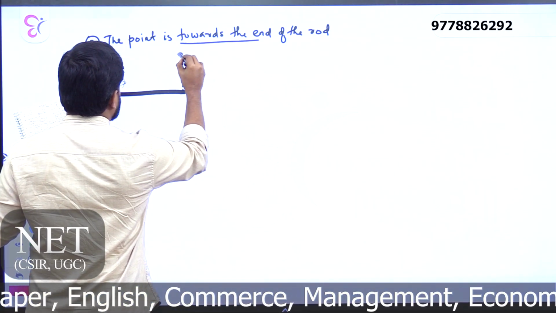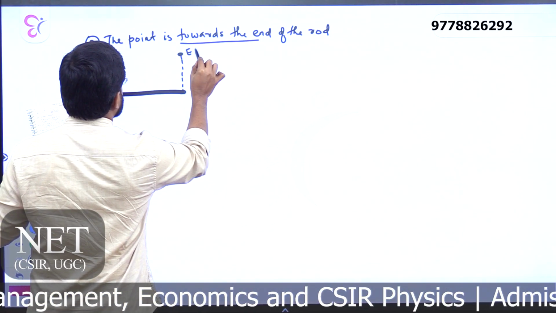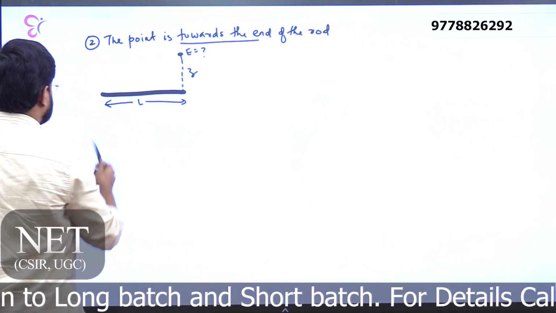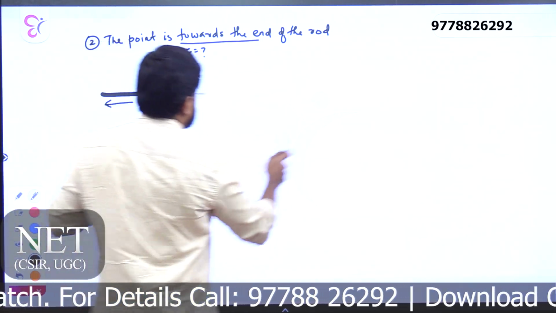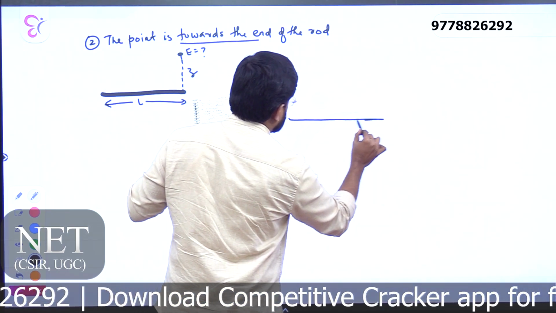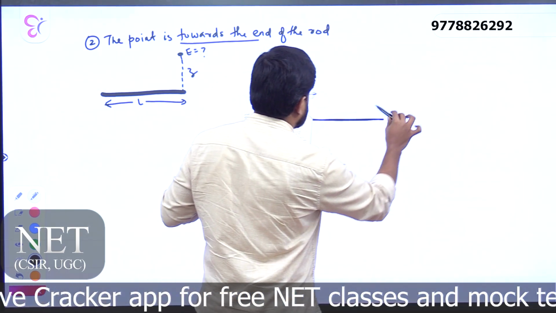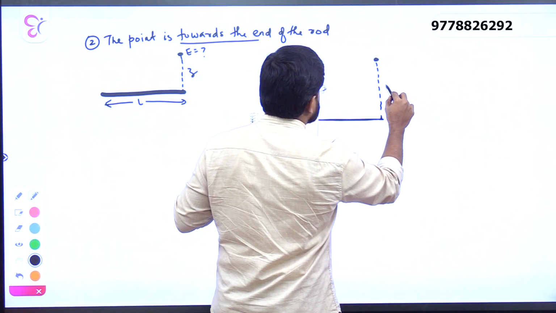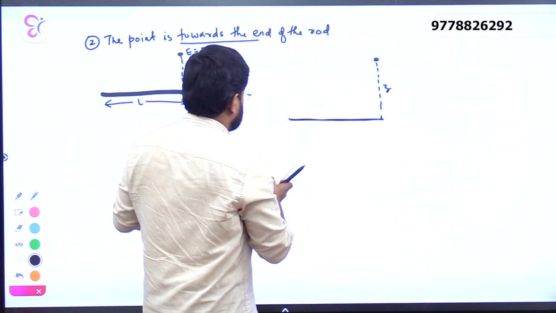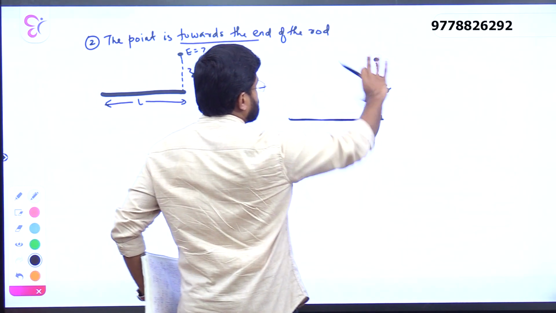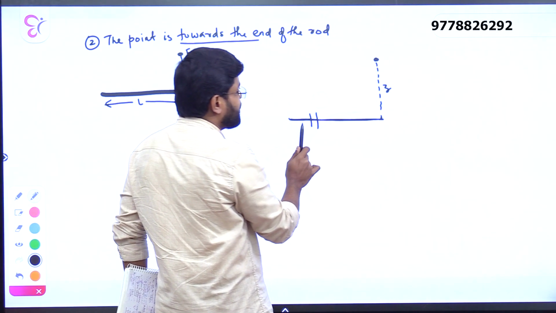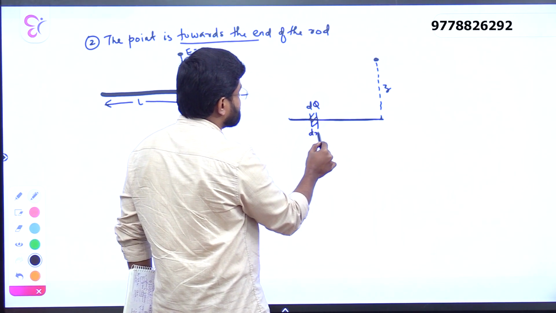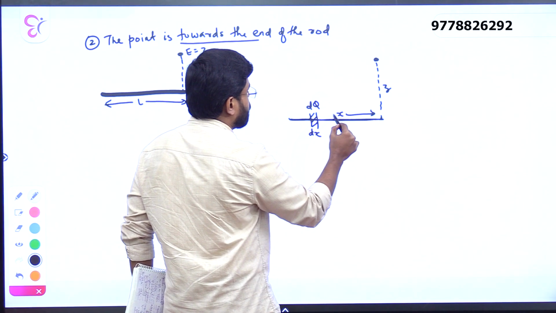This is my point, and here I have to find the electric field at a distance z, and the length of the rod is L. See, in order to find the electric field at this point, I have to take a single element of charge dq and width dx, which is at a distance x from the point.